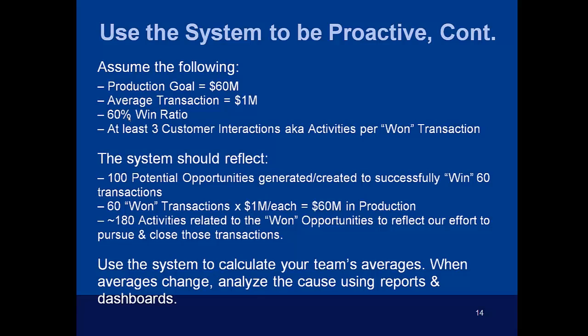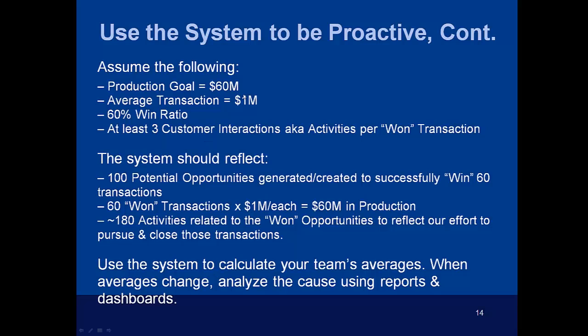Okay, so if you're trying to affect your 60 million production at an average of 1 million with an average win ratio of 60%, you need about 100 potential opportunities in the system, right, to win 60 of those? Because your win ratio is 60%. Of those 60 that you won, you multiplied by $1 million each for your average production, and you're looking at successfully hitting your goal.